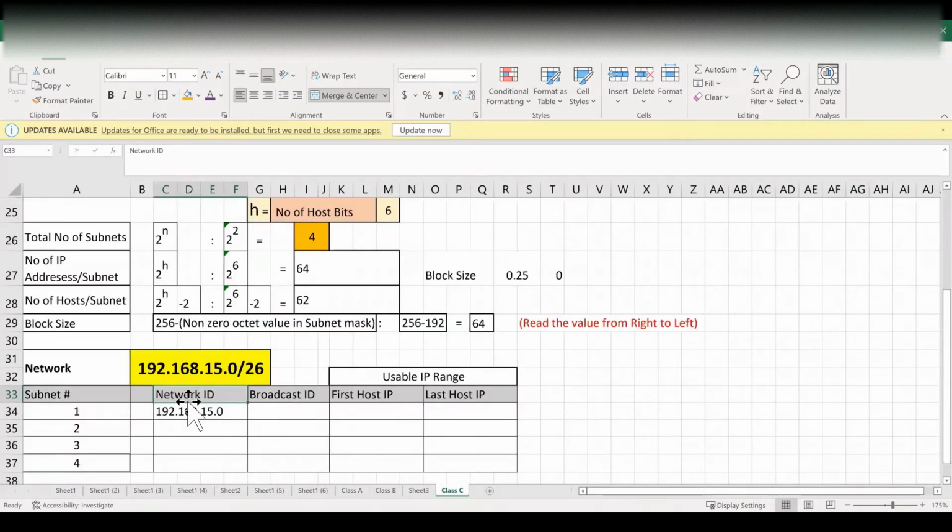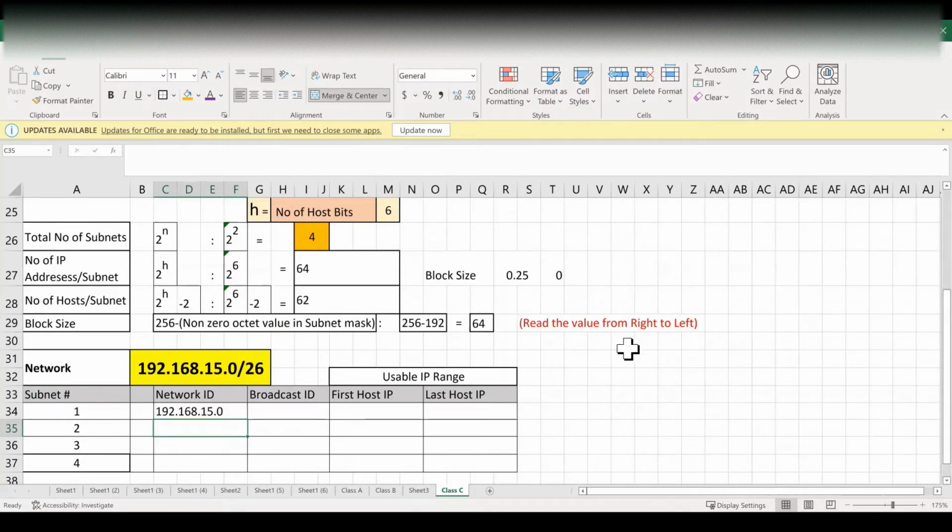Now we are going to find out network ID and broadcast ID for every subnet. Network ID is the first IP address of every subnet. So for first subnet, the network ID is 192.168.15.0. And to get the subsequent network ID, we have to add the block size. Block size is 64. This block size we should add in the first non-zero octet from the right side.